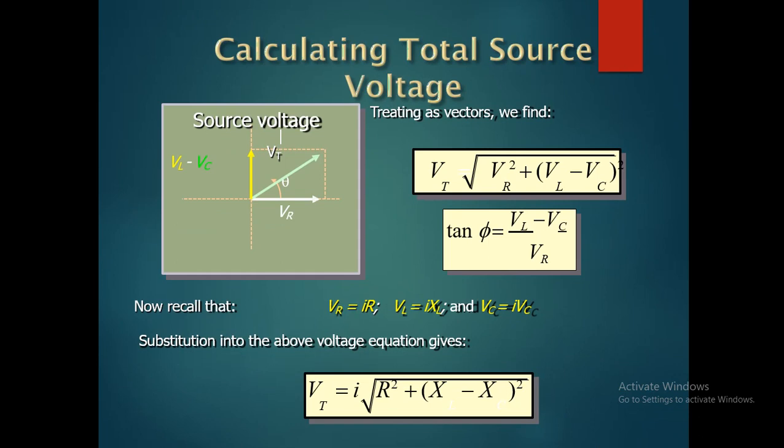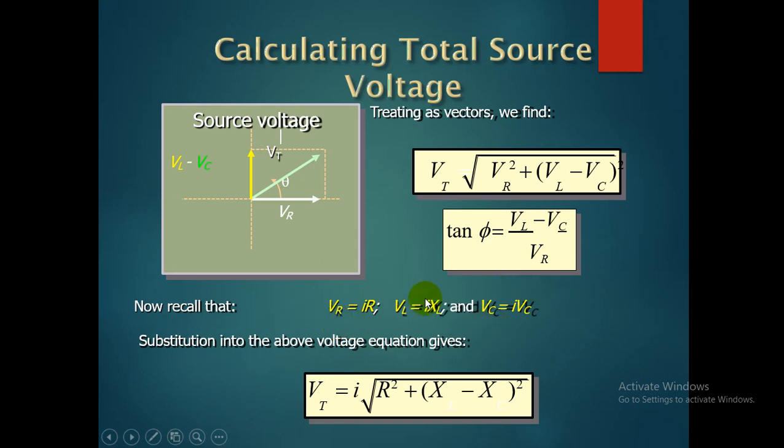Total voltage is calculated based on the KVL equation. The angle between them can also be found using VL minus VC upon VR.